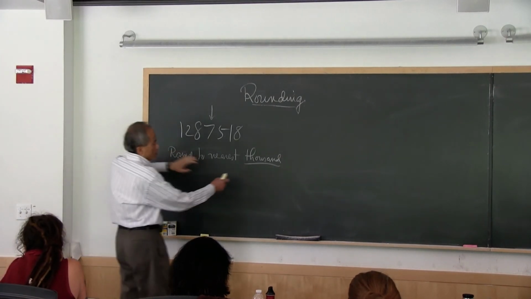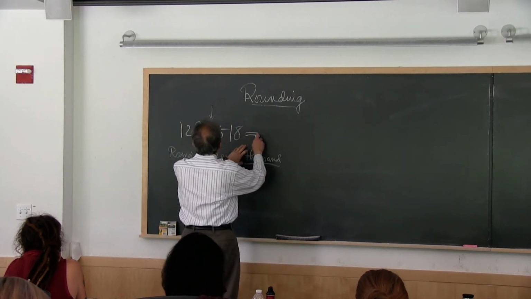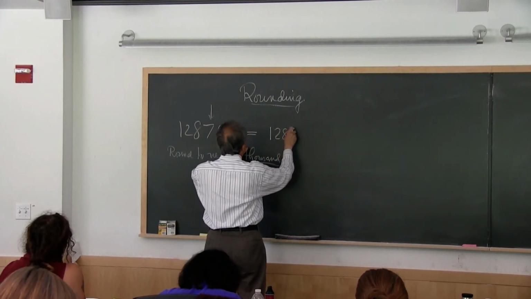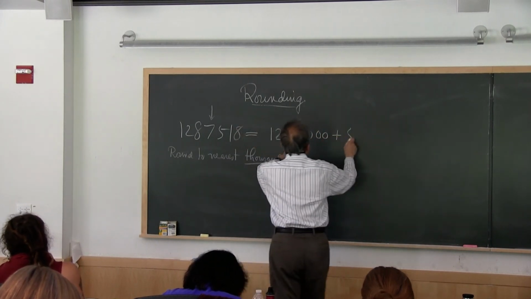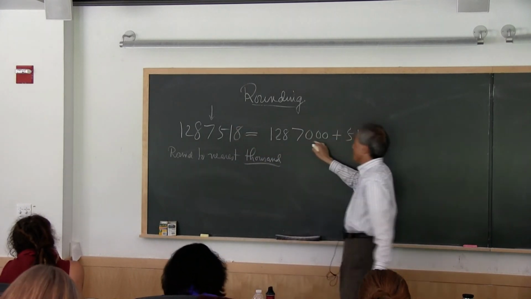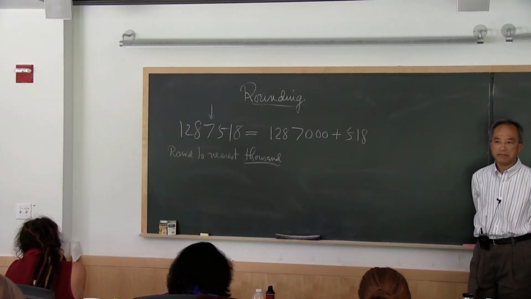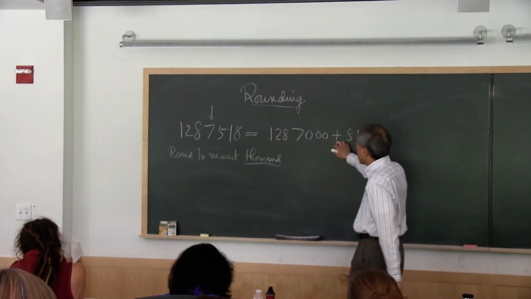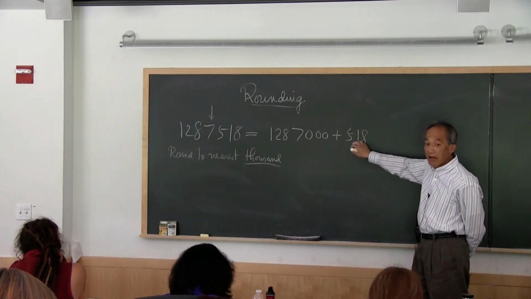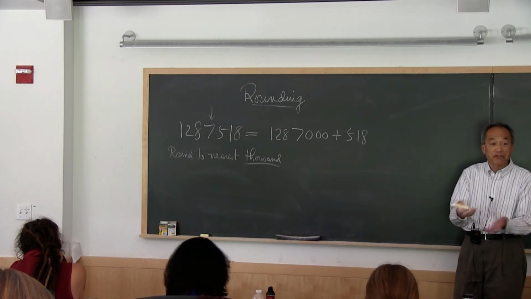First of all, rounding to the nearest thousand. Therefore, you write it as 1287000 plus 518 because it's the thousands that you're talking about. All right? Now it's a matter of 500 or up rather than 50 or up, right?